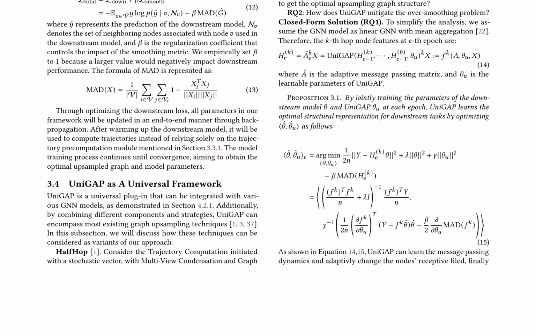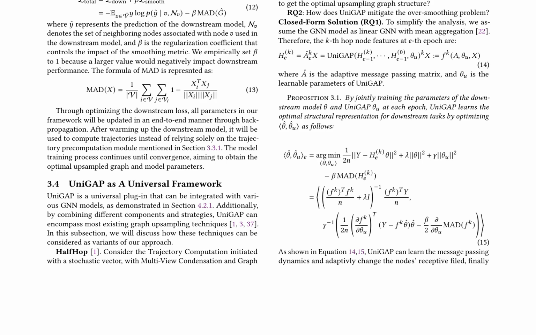UniGAP can be integrated with various GNN models, and its effectiveness is demonstrated through experiments on both homophilic and heterophilic datasets. The results show that UniGAP significantly enhances traditional GNN models, especially on heterophilic datasets, and outperforms other graph upsampling methods, such as half-hop.